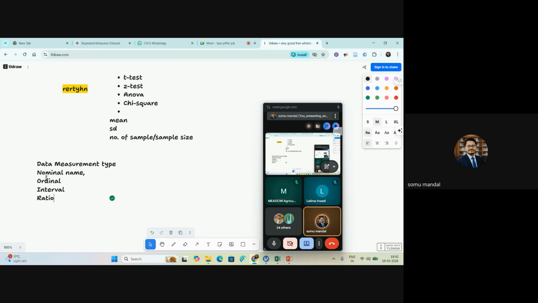The first two, nominal and ordinal, come under qualitative data analysis. Interval and ratio data sets come under quantitative analysis. Whenever your data set is qualitative, nominal or ordinal, you definitely go for non-parametric analysis.